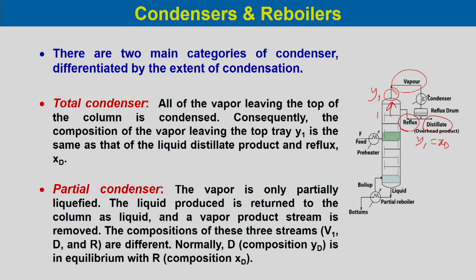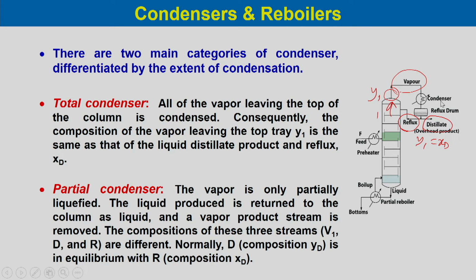Another kind of condenser which is used is the partial condenser. The vapor is only partially liquefied, the liquid produced is returned to the column as reflux, and a vapor product stream is removed. So, you take the vapor and partially condense it.